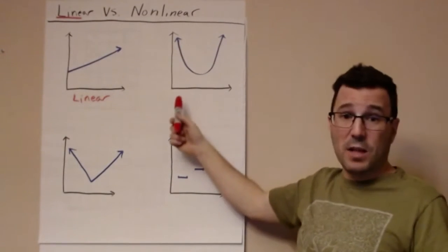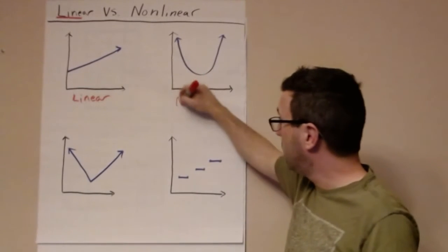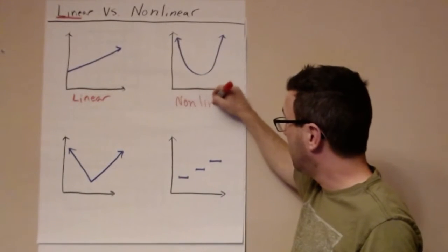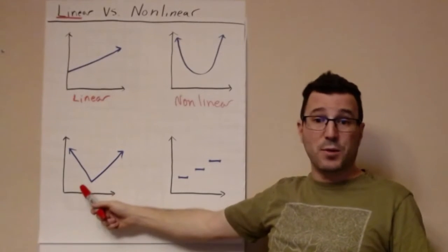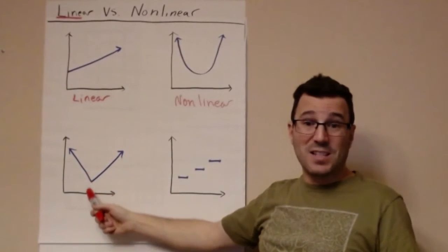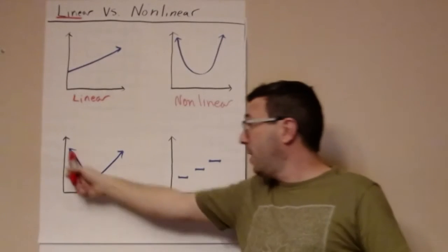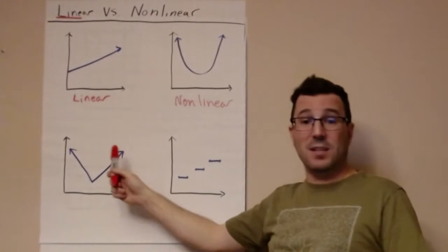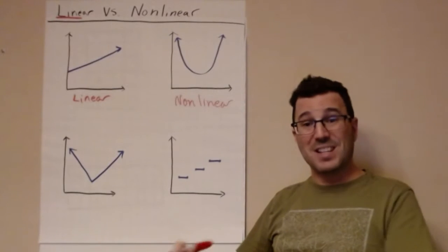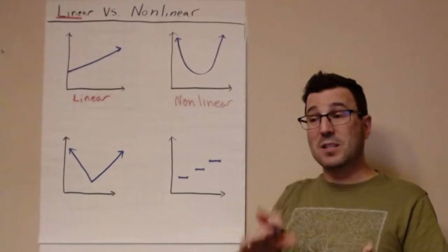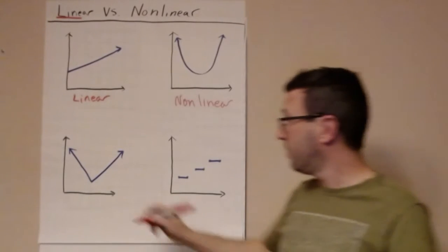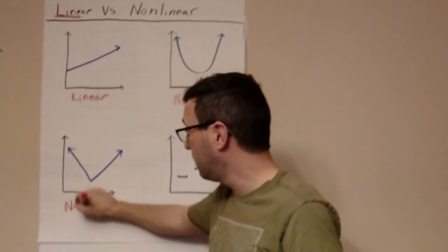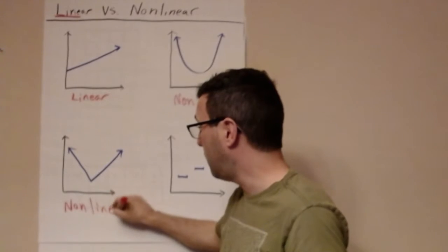It's not a straight line. So, nonlinear. Here, this is an absolute value function. It's nonlinear because even though we have a straight line, it bends and it goes off in a different direction. It's not linear because it's not a continuous straight line. It changes. So again, nonlinear.